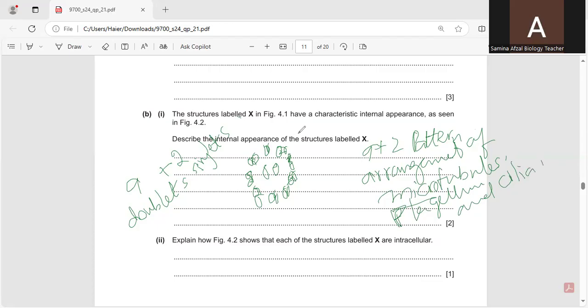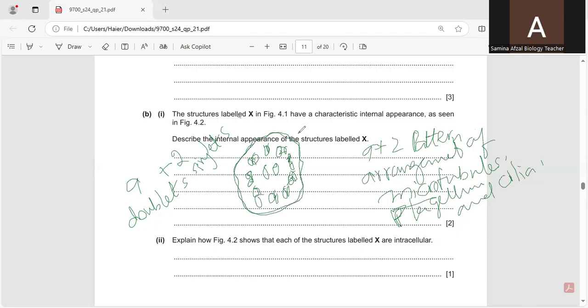And next question: explain how figure 4.2 shows that each of the structures labeled X are intracellular. You can see around every 9 plus 2 pattern there is a cell surface membrane. So they are bounded by cell surface membrane.